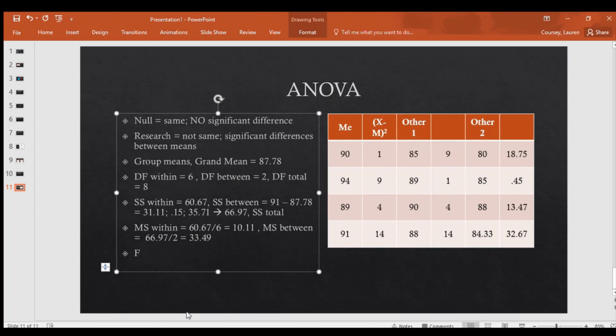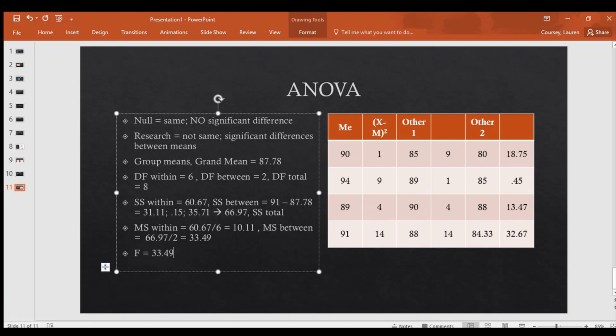33.49. And then finally, to calculate my F-test statistic, all I'm going to do is to take my mean square between value of 33.49 and divide it by my mean square within value of 10.11. And so think about what we're doing.